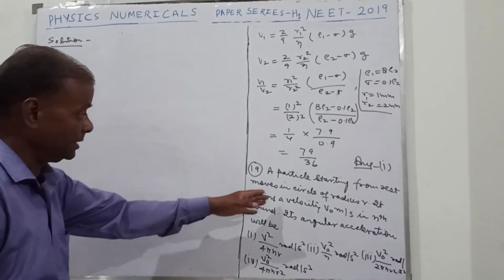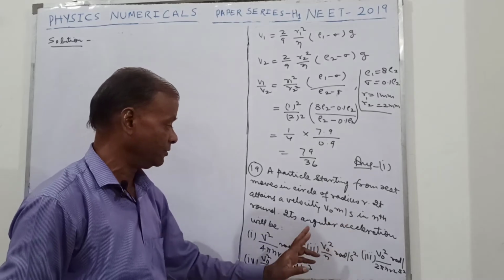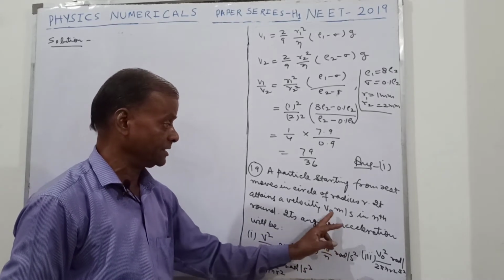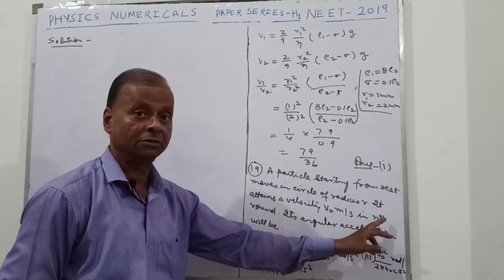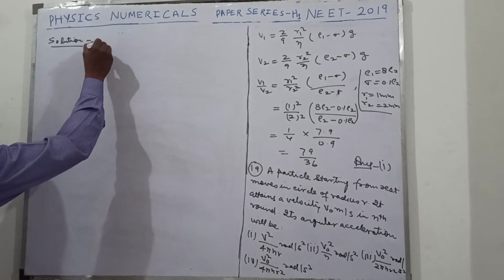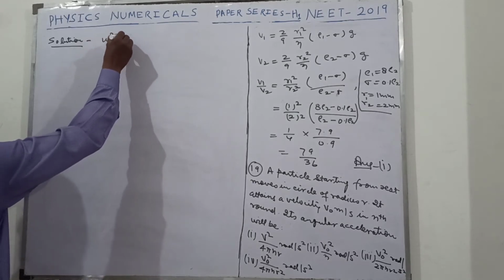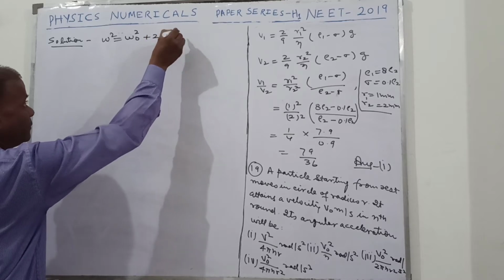So initial velocity given to us is 0 and final velocity is v naught, and this velocity is attained in the nth round. This is to be remembered, nth round. This is the main thing. So omega square equals omega naught square plus 2 alpha theta.